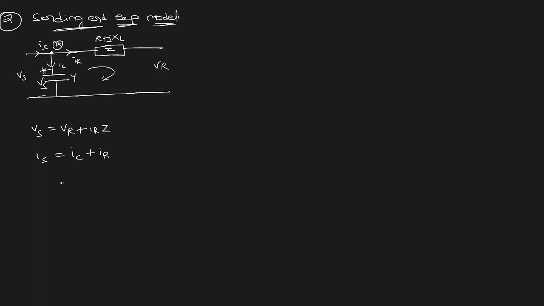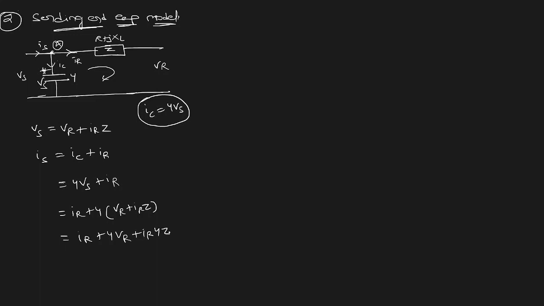And now IC we already know. IC here is Y into Vs, right? Substitute that. Y into Vs plus IR, and what is Vs here? VR plus IR into Z. Therefore, IR plus Y VR plus IR into YZ.